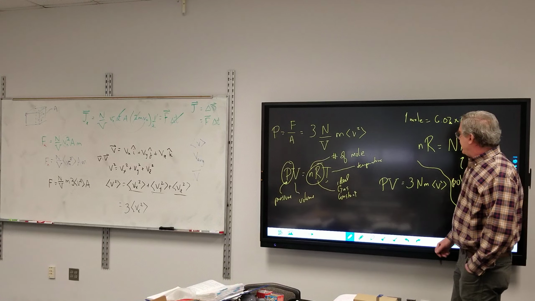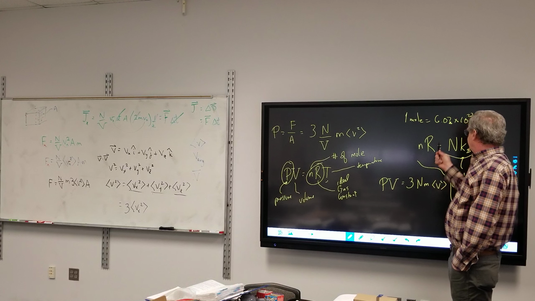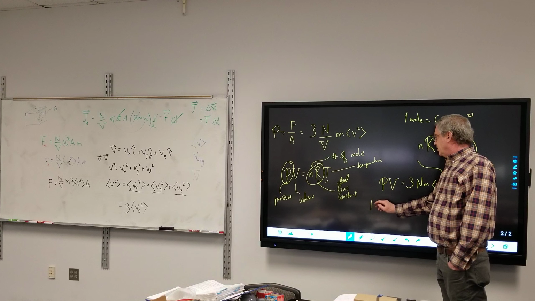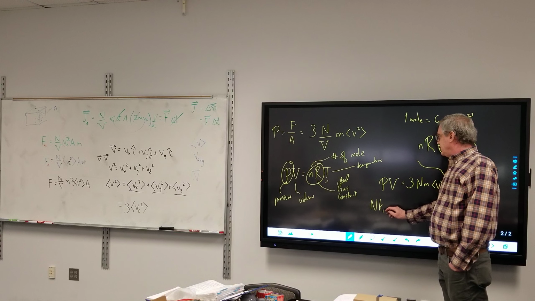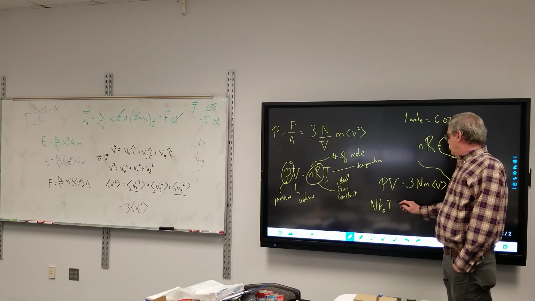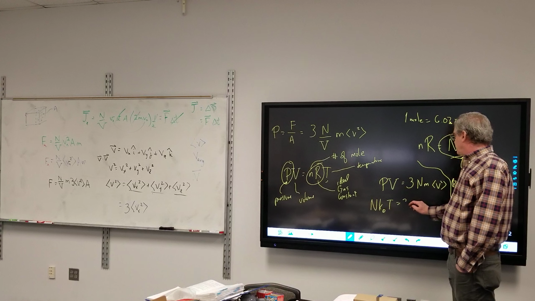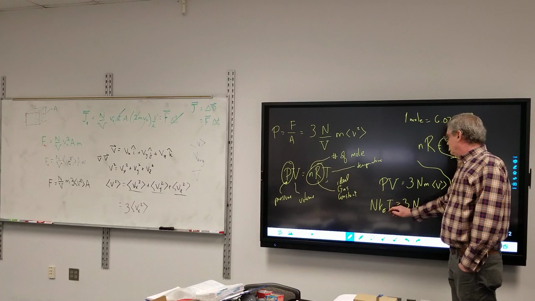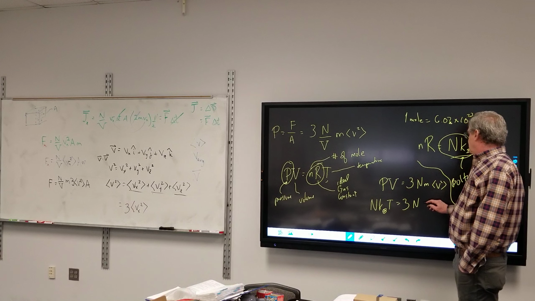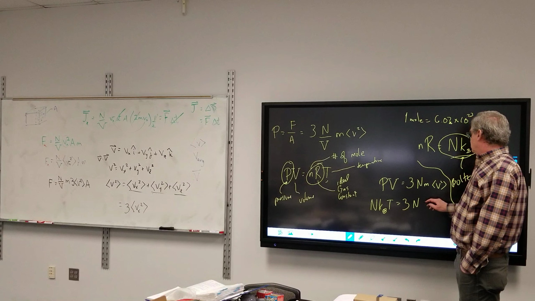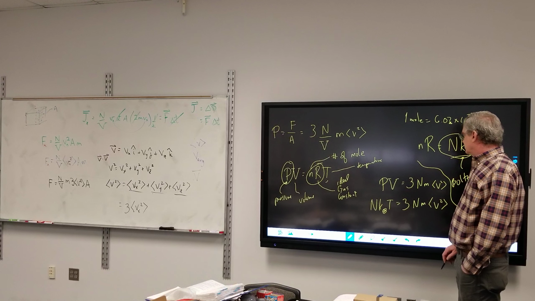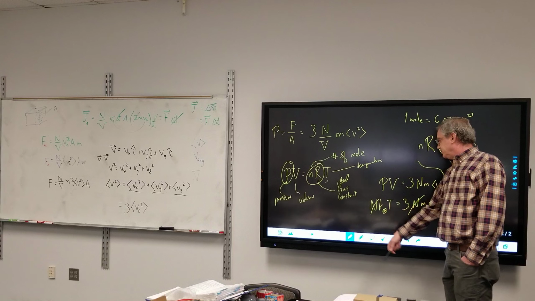And I know from the ideal gas law, using the physics version of it, that's equal to N kBT, which is equal to 3 times the number of particles times the mass times the average velocity squared. N cancels out.